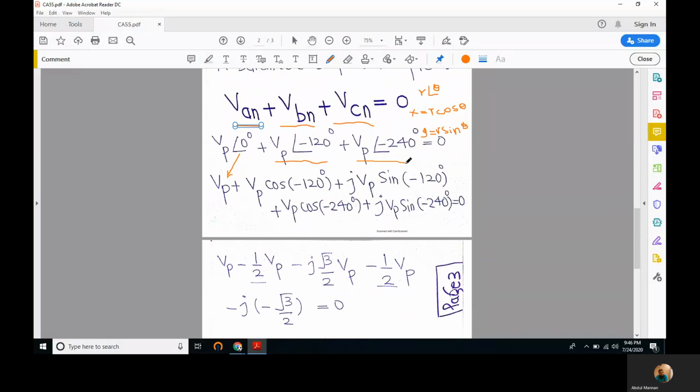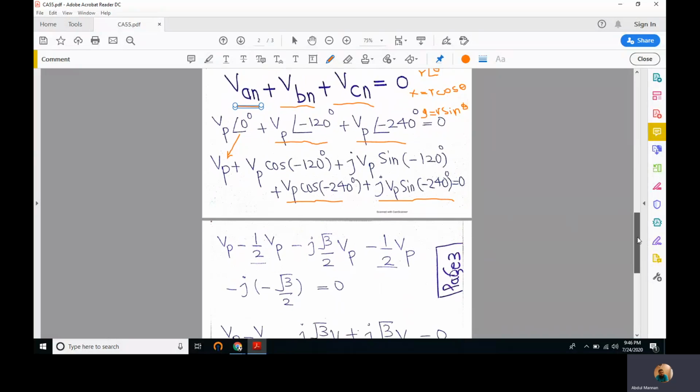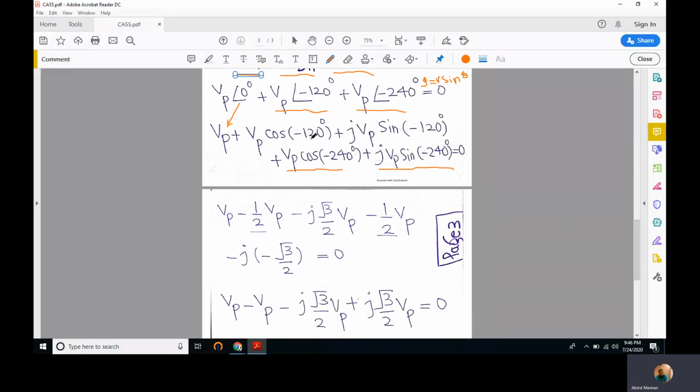Similarly, this complex number is also written in its rectangular form. Once we have done that, we know that cosine of minus 120 is minus 1 by 2, sine of minus 120 is minus root 3 by 2, and cosine of minus 240 is minus 1 by 2, and sine of minus 240 is minus root 3 by 2.